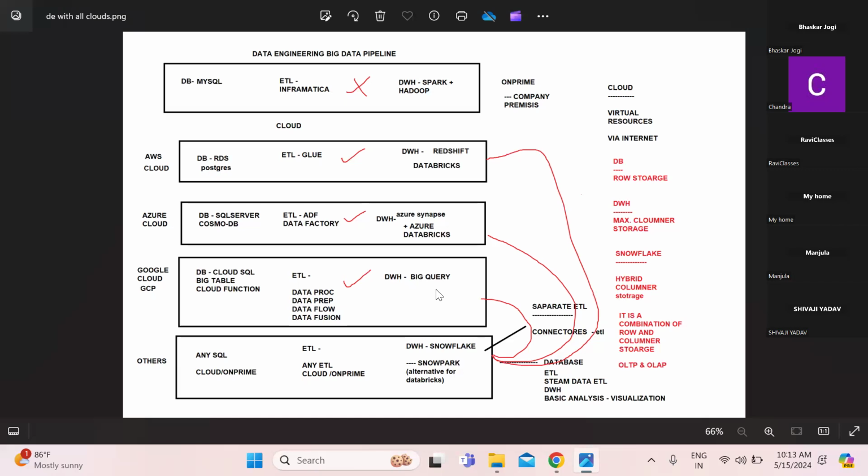Not much exposure on GCP; maybe in the coming future it will come. I am working on US projects, with a US company, so right now we are doing the GCP combination mostly with Snowflake. But in India right now, AWS is mostly first, and the second one is Azure. They expect the Azure combination with Snowflake. Okay, thank you.